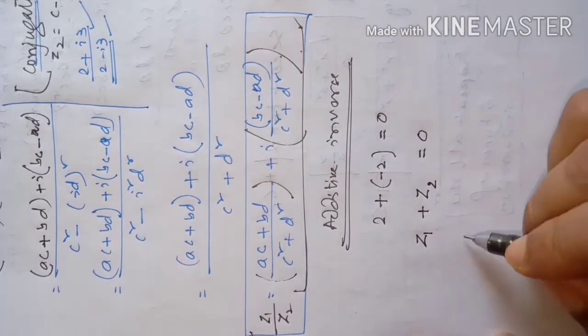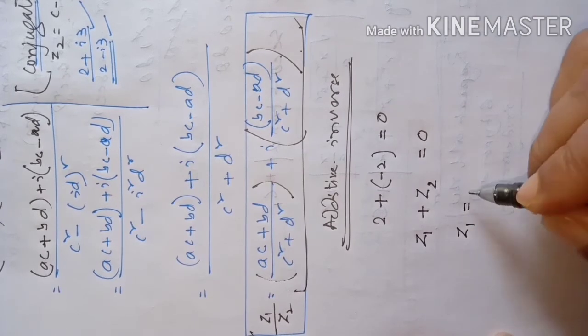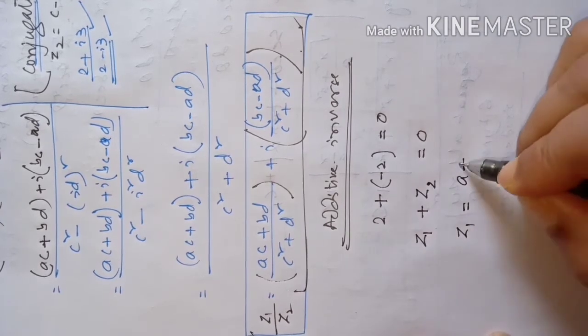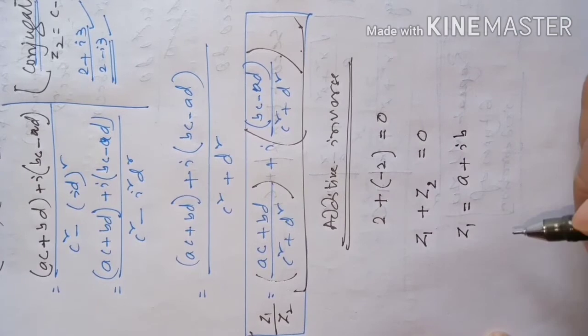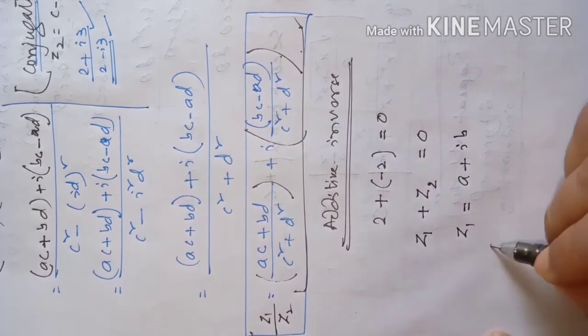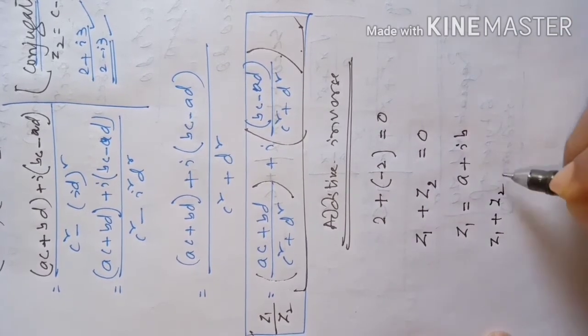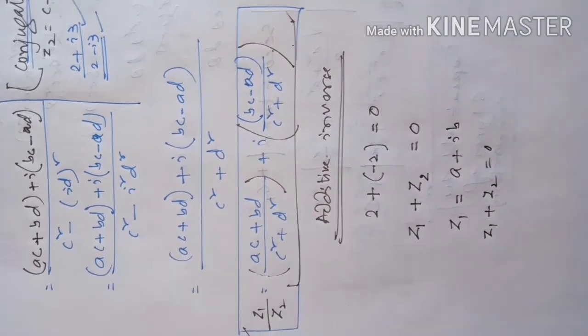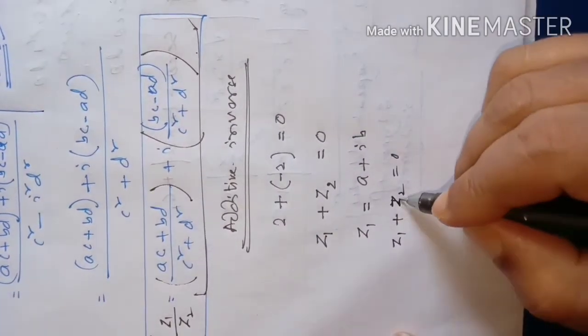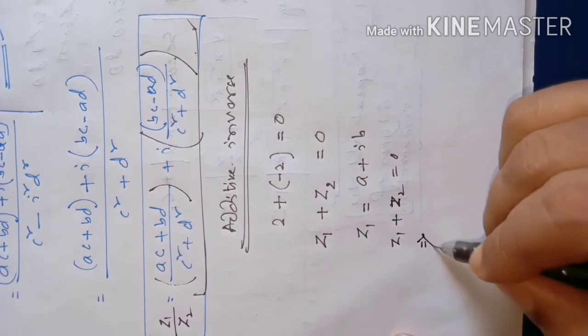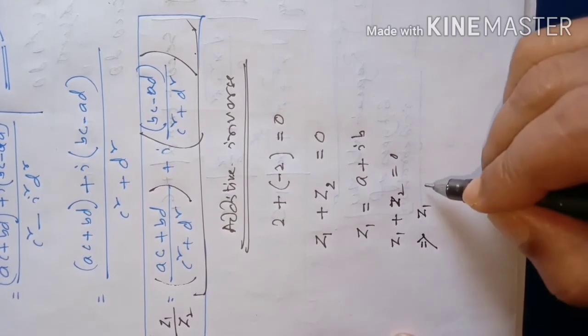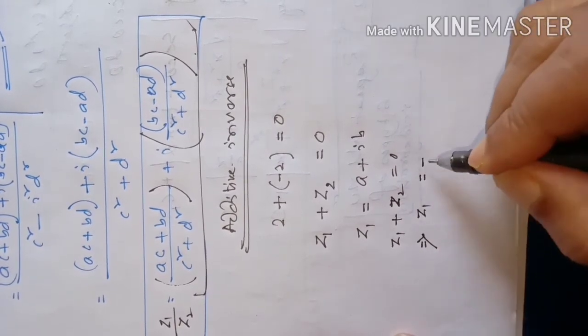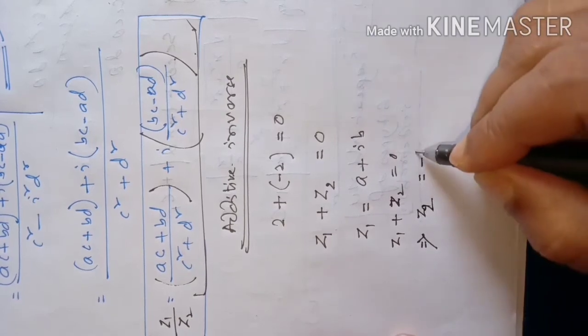Now if Z1 is A plus iota B, then what can Z2 be? Because Z1 plus Z2 should be equal to 0, so Z1 is equal to minus Z2, or Z2 is equal to minus Z1.